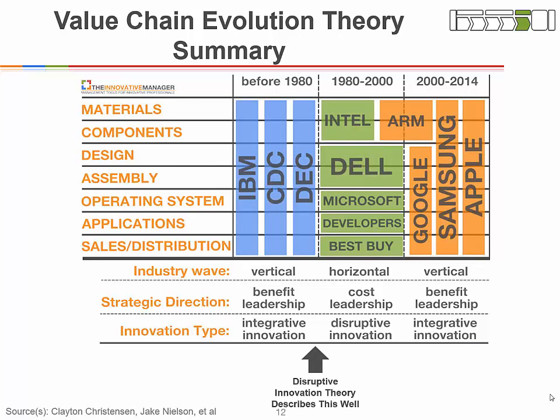To underscore this, there's a transition that industries go through. Before 1980, for instance, in the computer industry, you had materials, components, design, assembly, operating system, applications, sales and distribution. All of those were done by vertically integrated manufacturers, such as IBM, CDC, DEC.